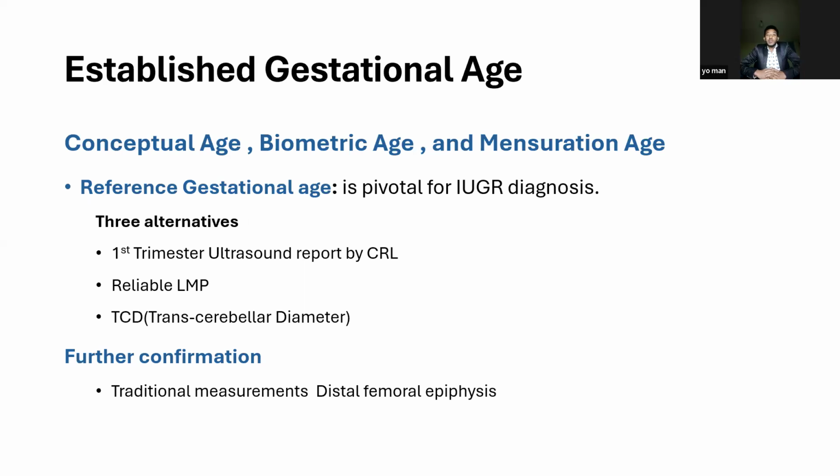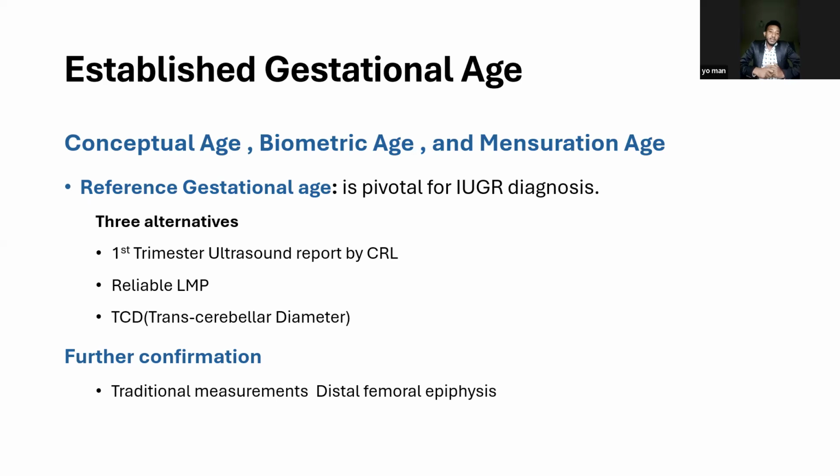So what we're going to do is obtain the LMP from the mothers and compare it with the first trimester ultrasound. If there is a 5-day gap between the first trimester ultrasound and a reliable LMP, you can take the reliable LMP as the established standard.